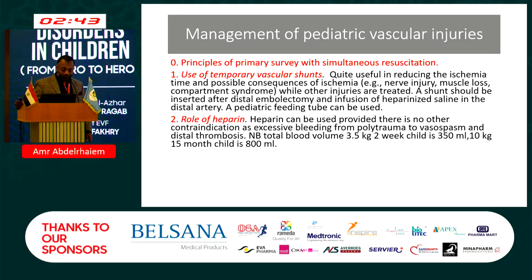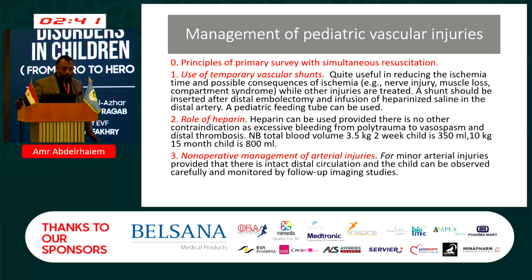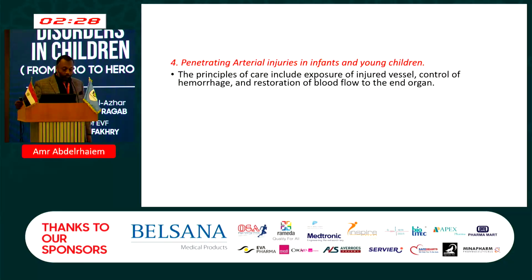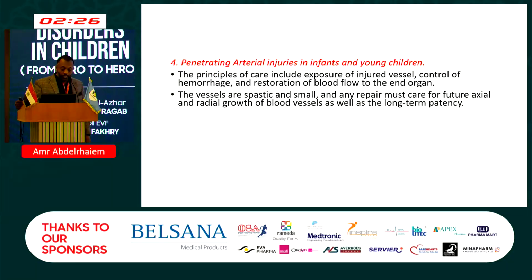Non-operative management with conservative measures can be helpful for just minor injuries. For penetrating arterial injuries, we have to apply the principles, but take care that the vessels are highly spastic and small.